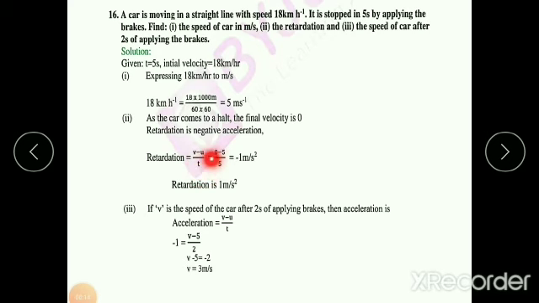So what is the final velocity? It is 0 minus the initial velocity, 5 meter per second, divided by the time taken, 5 seconds. So 5 ones are 5, and you have minus here, so it is minus 1 meter per second square. So the retardation is 1 meter per second square.